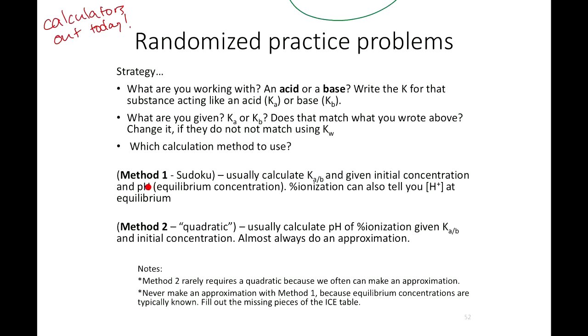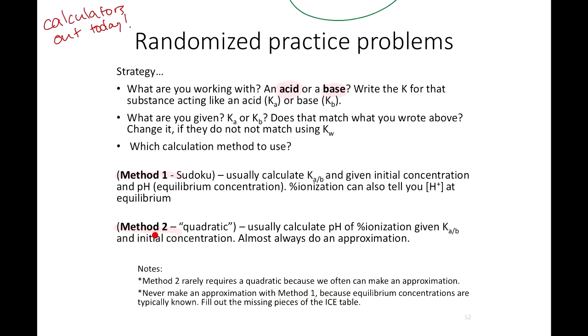So just a reminder, are we working with an acid or a base? We utilize the ice table two different ways. Method one, which I affectionately call the Sudoku method, where we are given a piece of information that allows us to fill in the entire ice table, and then typically we can calculate Ka that way.